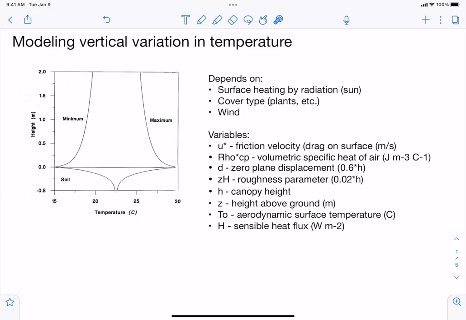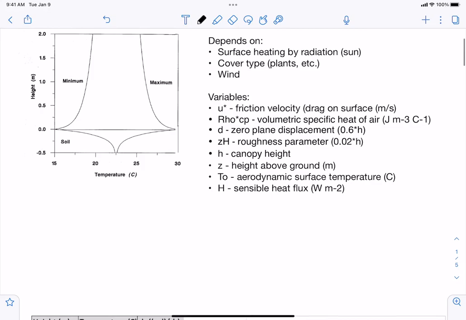And so if we were going to model that, we would start by writing an equation for temperature at height z above the surface, and our variables are noted below here.